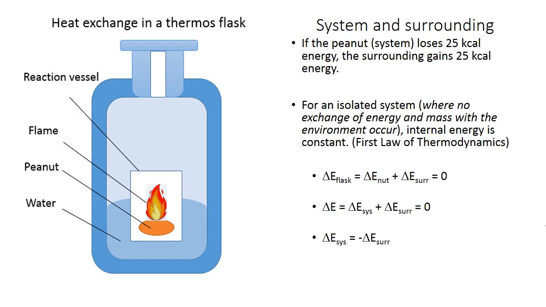So if the peanut is losing energy, the water will become hot. So the peanut loses energy, the water gains energy. That's what it means. So this equation is important. Delta E system is equal to negative delta E surrounding.